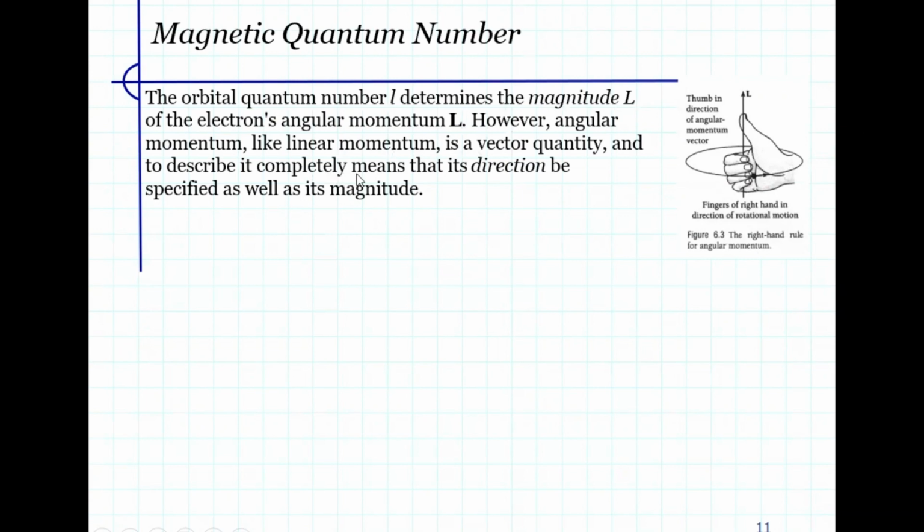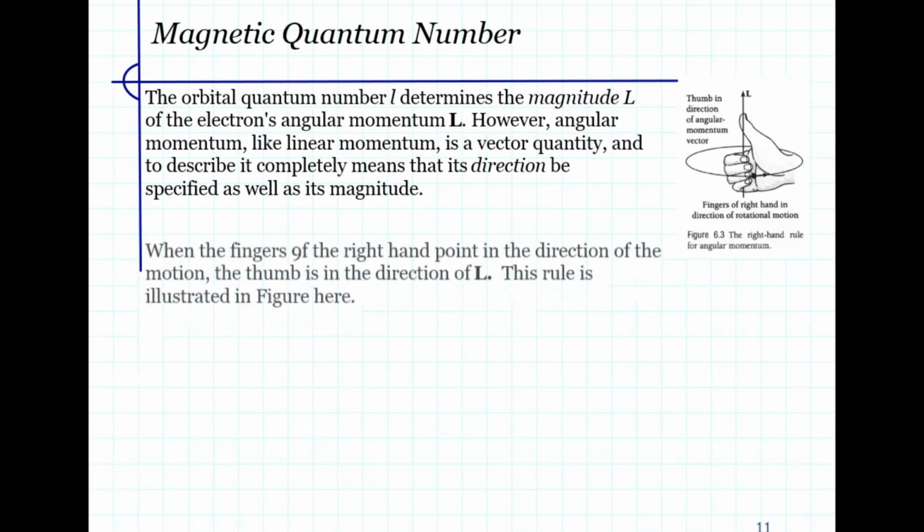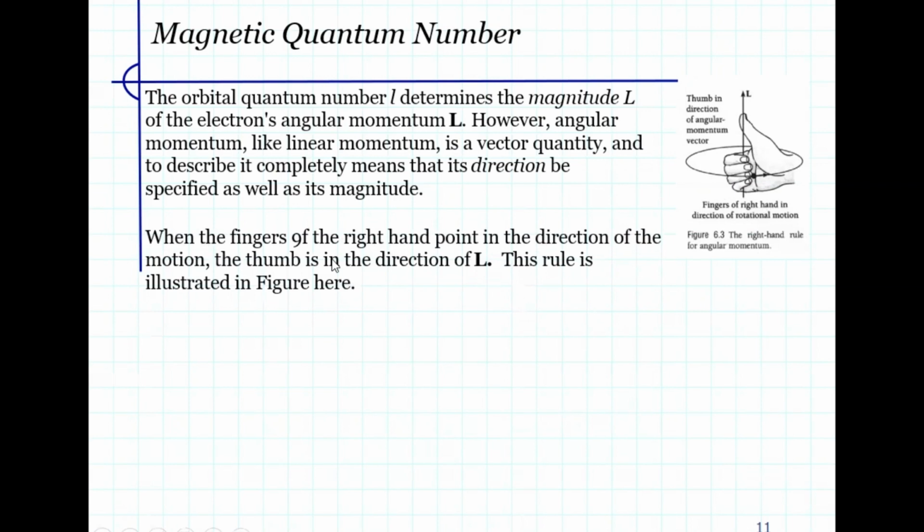And to describe it further, we need to specify the direction. So we know the magnitude, but we don't have a clue about the direction. When the fingers of the right hand are pointing in the direction of the motion, the thumb shows the direction of L. This rule, the thumb's rule, is shown here in the figure.